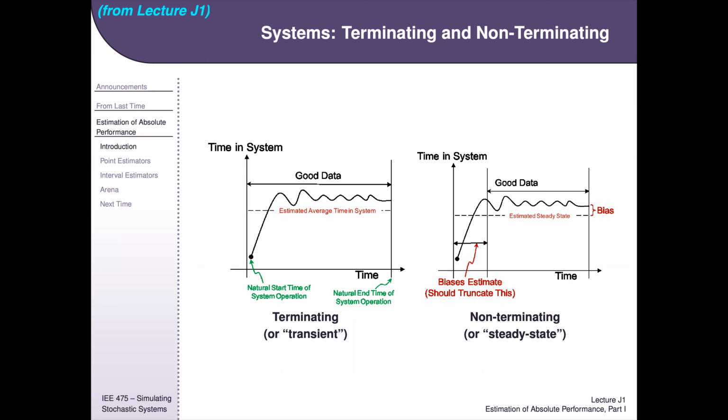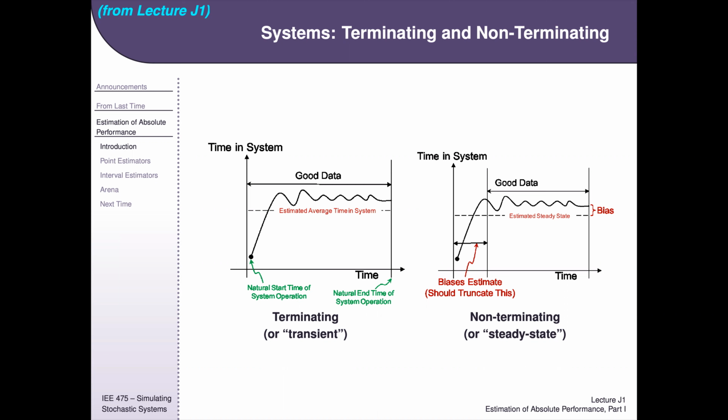And one way to eliminate bias is to make this warm-up period as long as we can tolerate, because we're kind of guaranteed then to get rid of these transients. But the longer you make this on a finite simulation budget, you end up compressing the amount of time you have left over here, so you lose out on some of that statistical certainty. So we need to somehow gather as much data as we can in the steady state while throwing away as much data as we can in the transient.